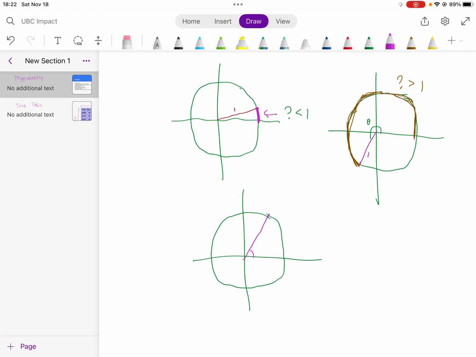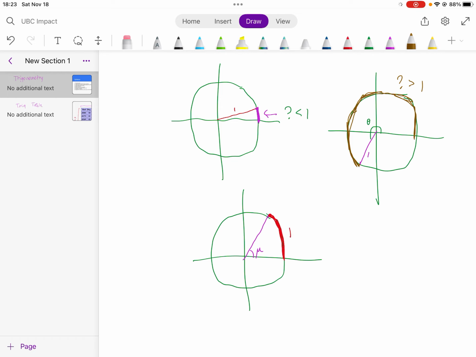This magical angle, let's call it mu, stands for magical, such that the arc length, which is the part of the boundary of the circle, this length here, is exactly equal to 1.